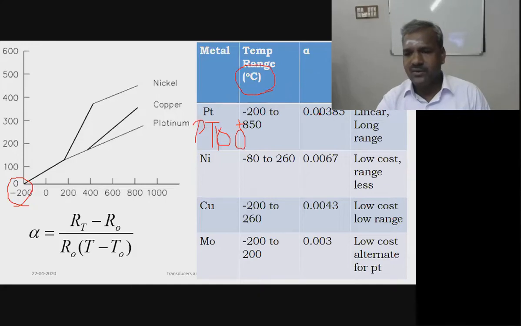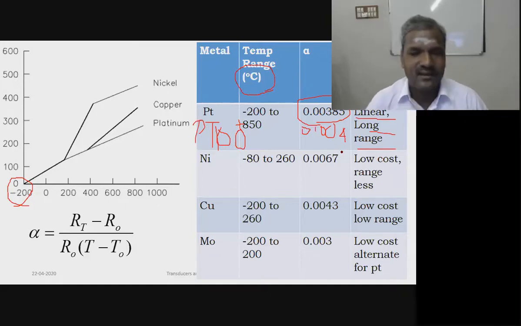The temperature coefficient of platinum varies from 0.0038 to 0.004. The main feature of platinum is that it is more linear, with a very long range. But the major drawback of platinum is cost.